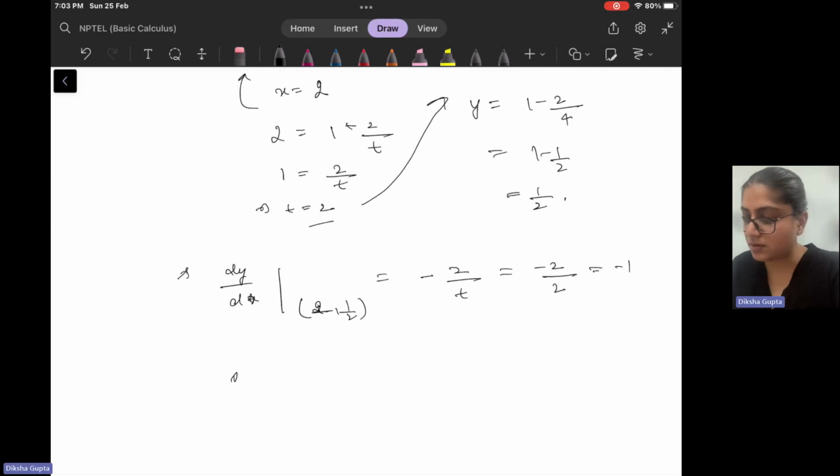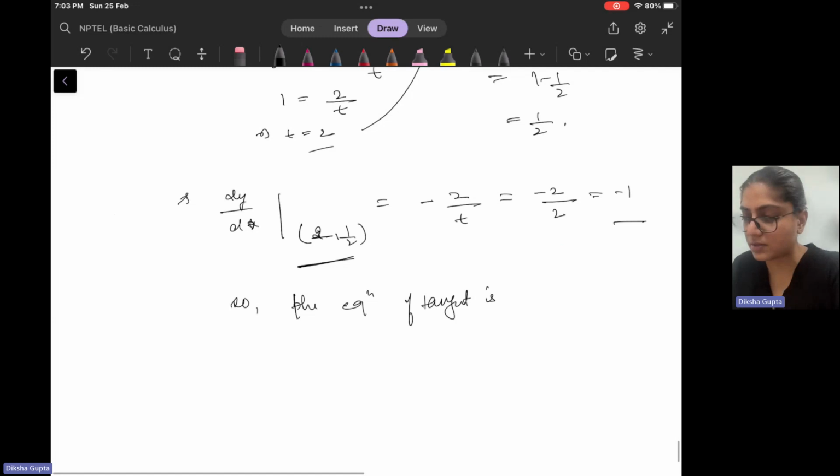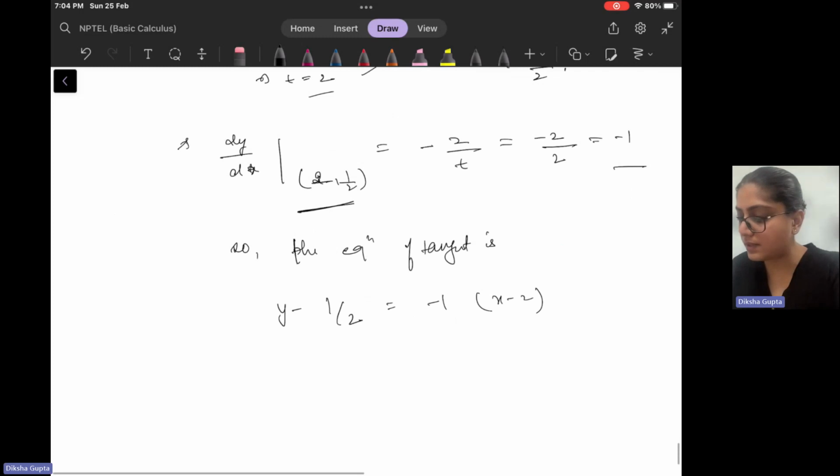Okay, so the equation of the tangent: we know the point, we know the slope, so simply y minus 1 by 2 equals minus 1 into x minus 2. Solving it, we get y minus 1 by 2 equals minus x plus 2.